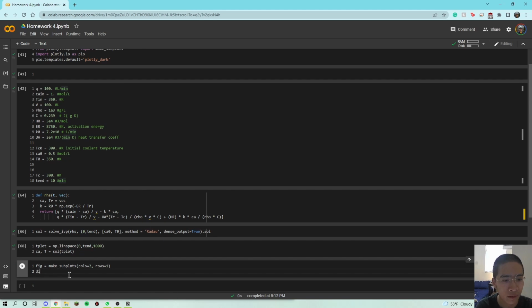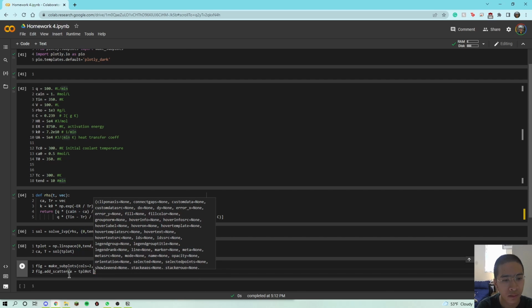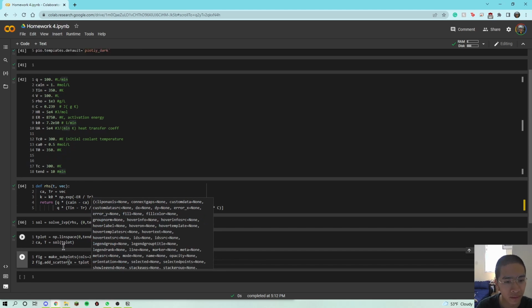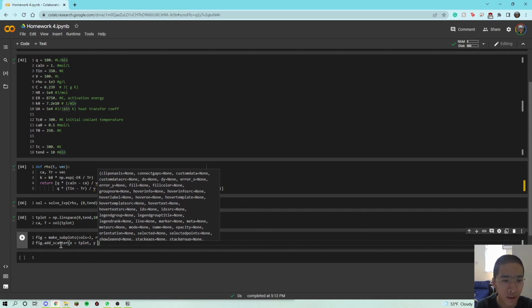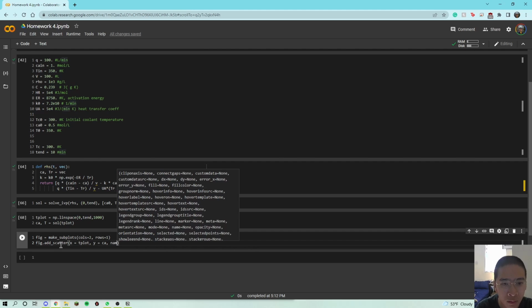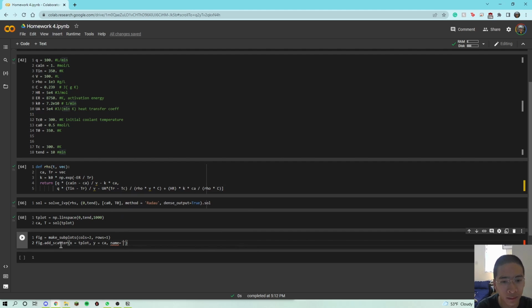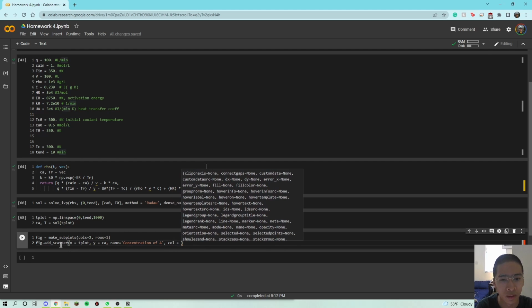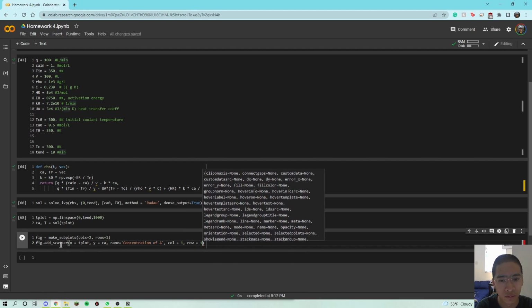Then you do fig.add_scatter, x equals t_plot. Y equals, we'll make the first one concentration, I suppose. Name equals concentration of A, row equals 1, column equals 1, and mode equals lines.